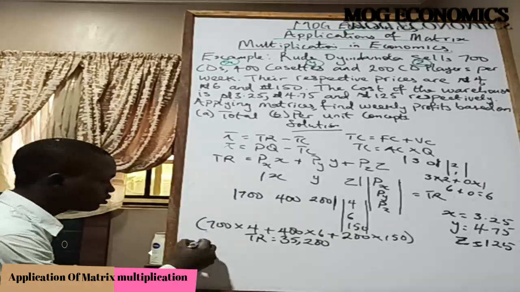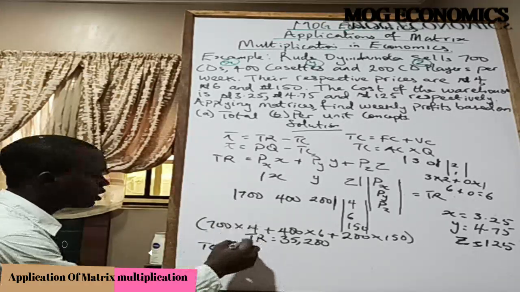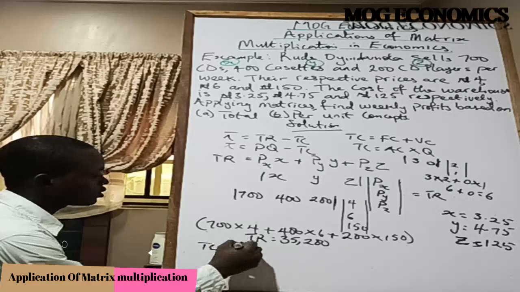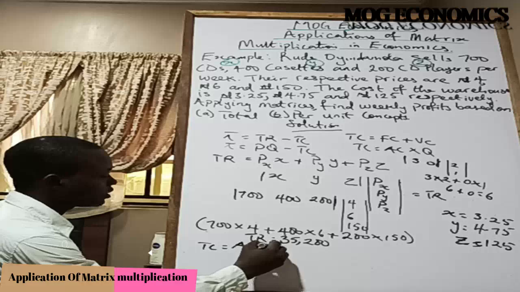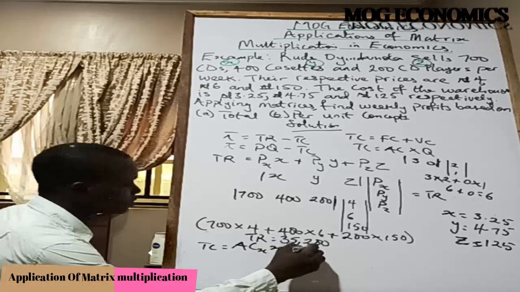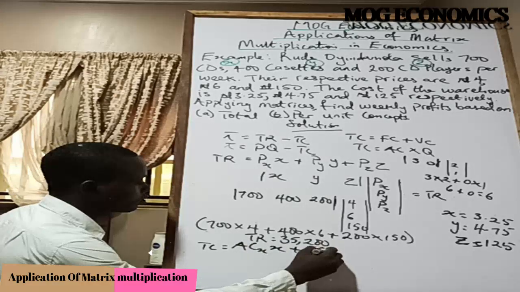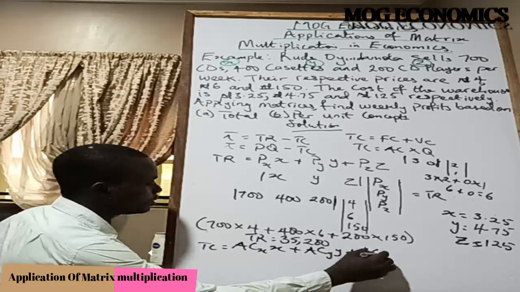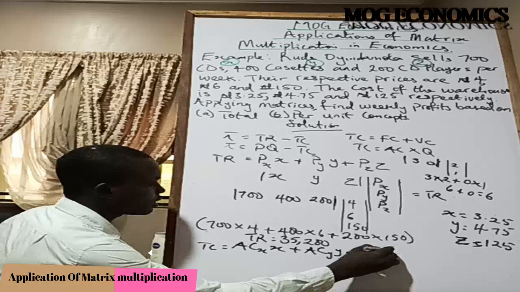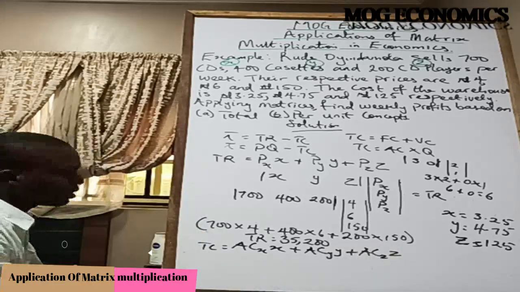So we can just do TC now. It's going to be average cost per unit, ACX times X, then plus ACY multiplied by Y, then plus ACZ multiplied by Z. So we collect these out.